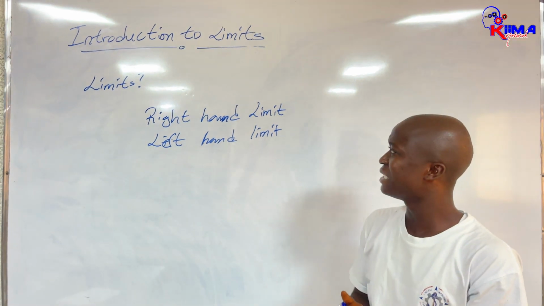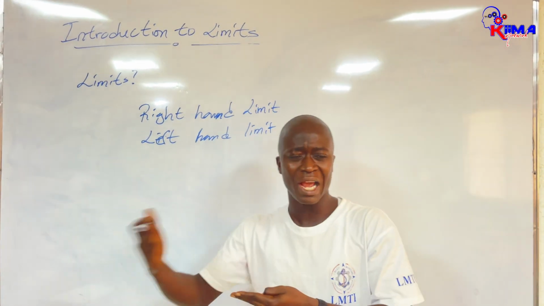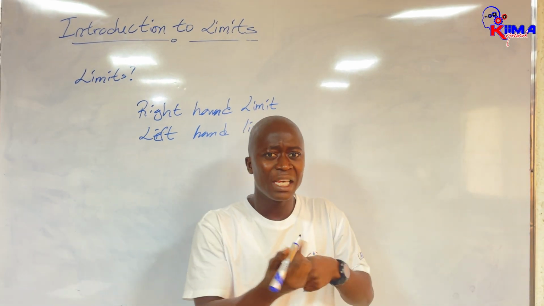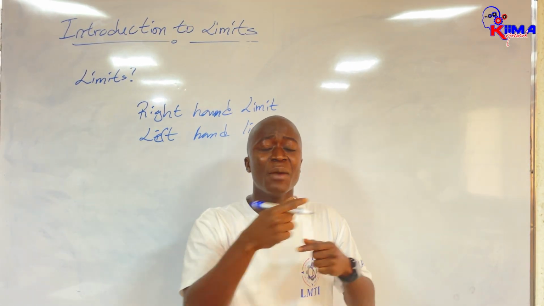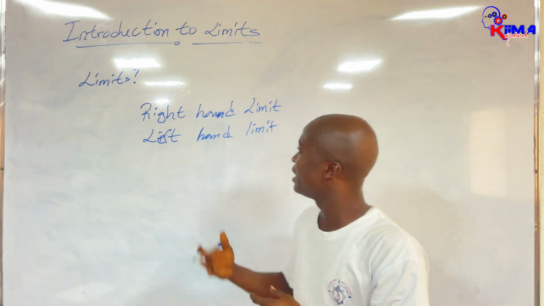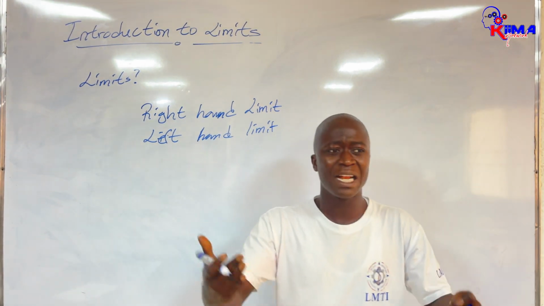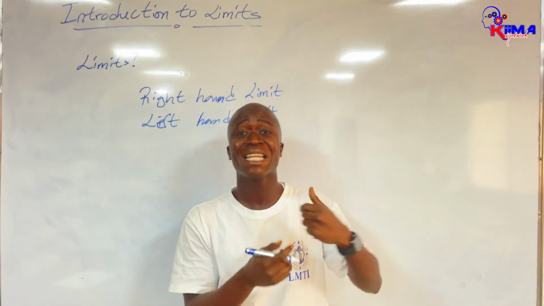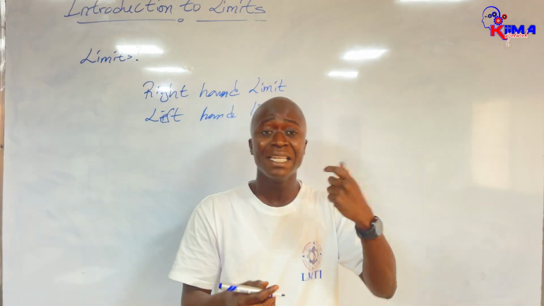Once a limit is said to be a right-handed limit, it means the limit is approaching from the right-hand side, meaning the value is positive. When the limit is considered a left-handed limit, it means the limit is approaching from the left-hand side, which we call the negative part.